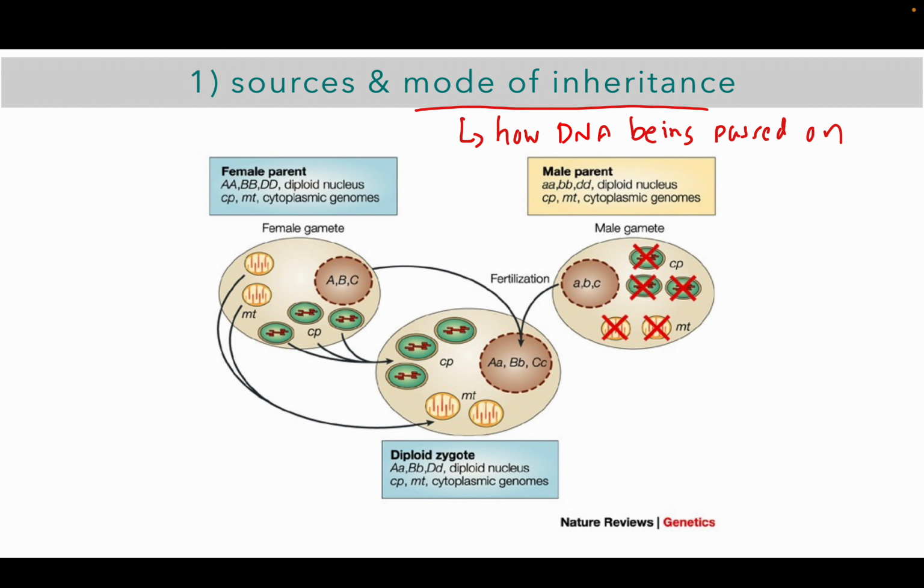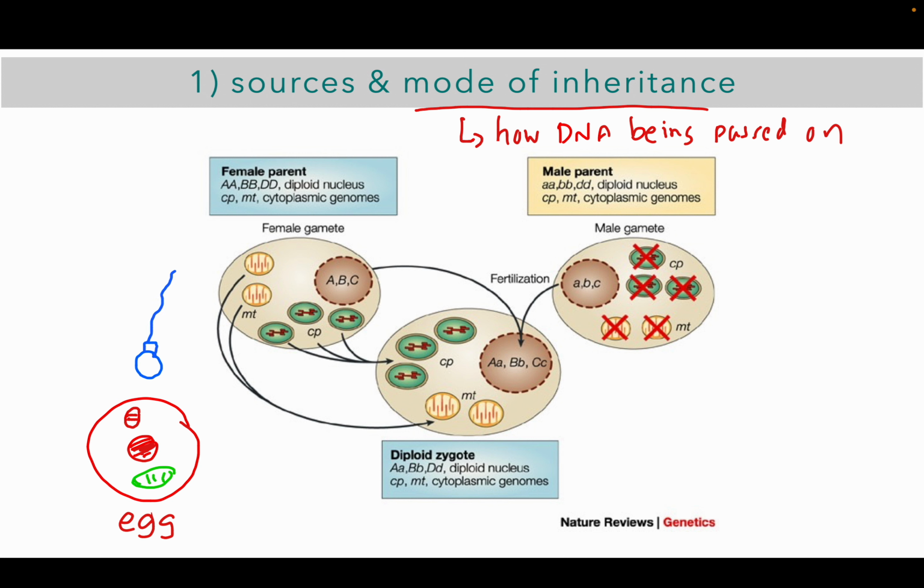Because mom is always nicer than dad? No. Because when you reproduce, eggs have a nucleus, and let's say mitochondria and chloroplasts here. But when the sperm comes to fertilize, does everyone remember the sperm structure?